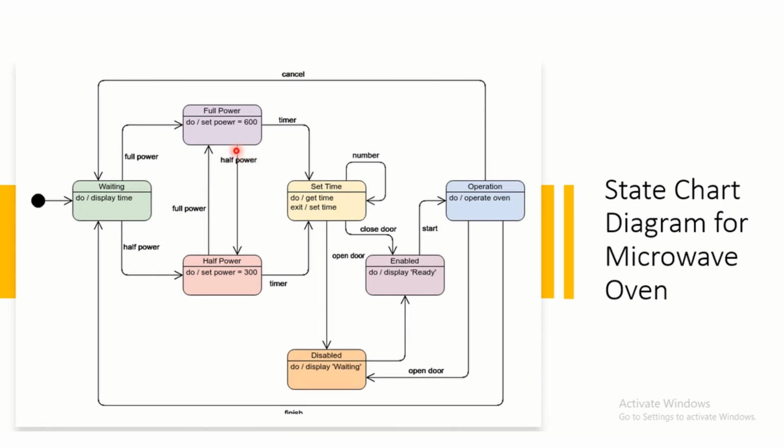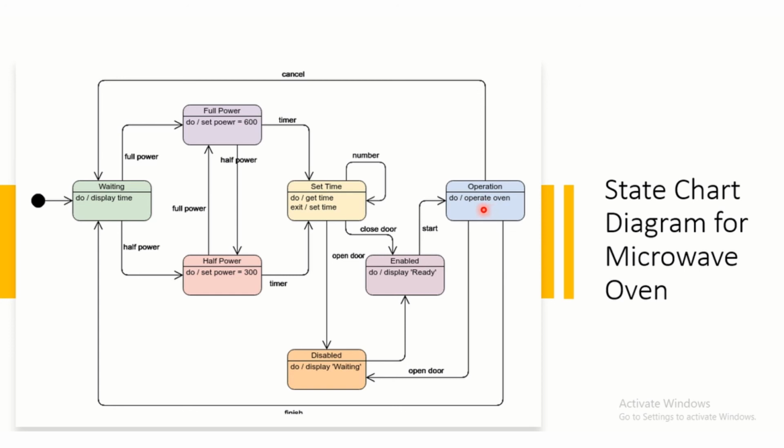Either from full power or half power, you move towards the set timer state. And here we can see the concept of a self state: the user, according to his wish, will keep on entering the number, and once that number is set, he will exit to the enabled state, which shows the operation of being ready. After that the real operation starts, and the food is now in the processing part.